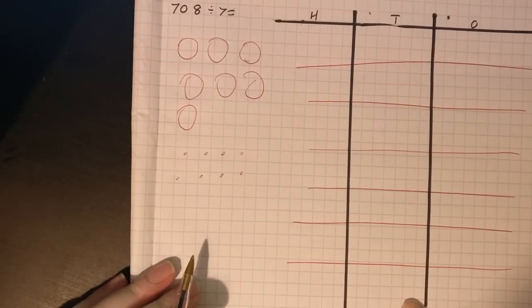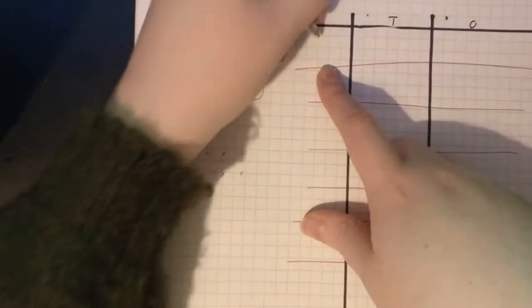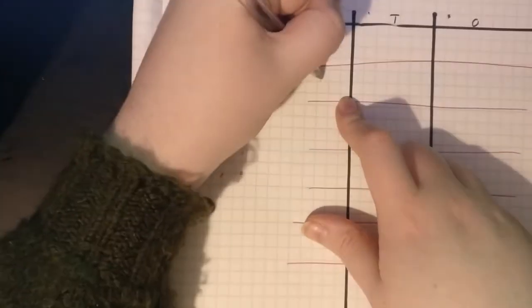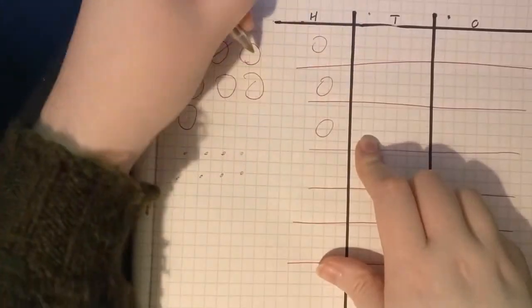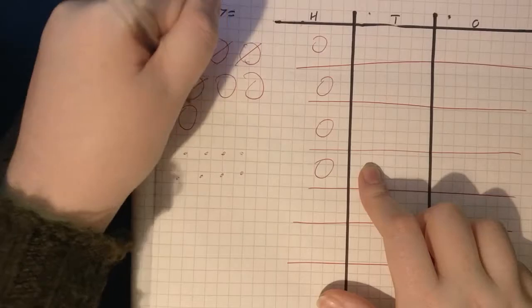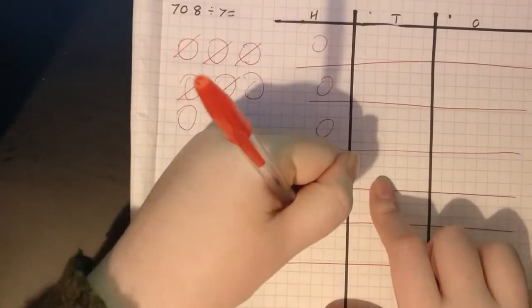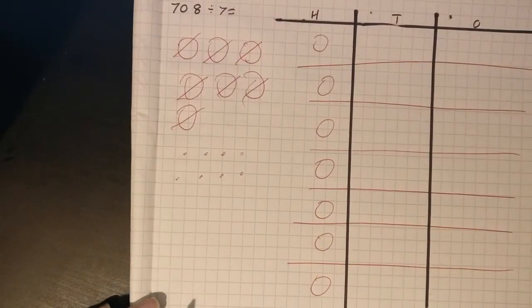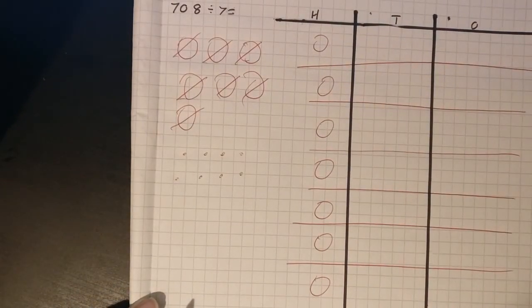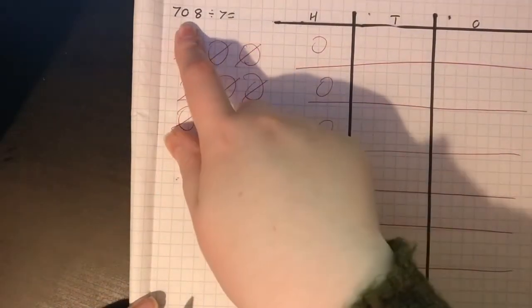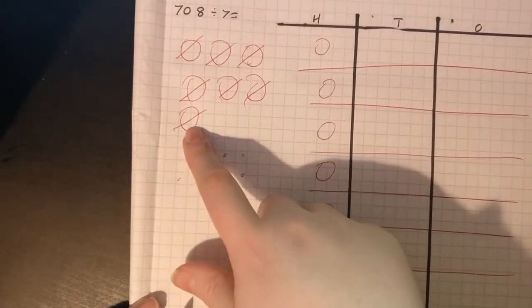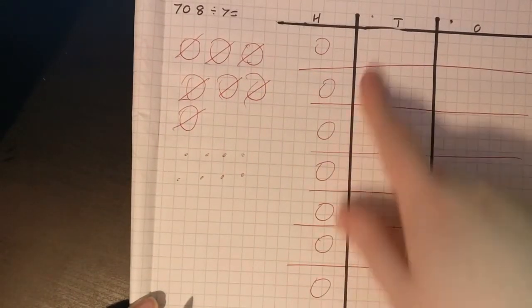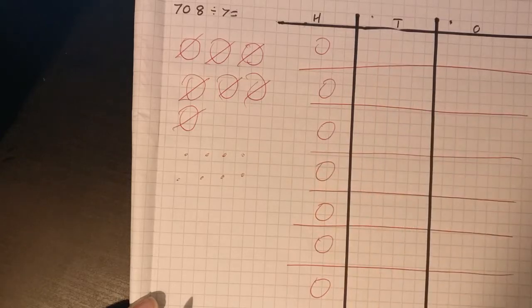So now let's share it out. We've got 100 in each row. We didn't have any tens in this number, and we haven't exchanged 100 for tens, so there's nothing in this middle column.